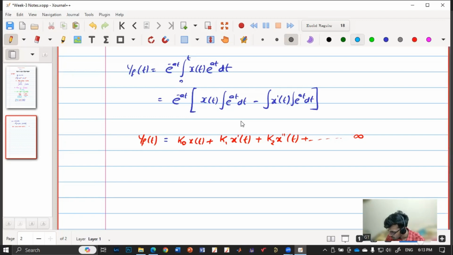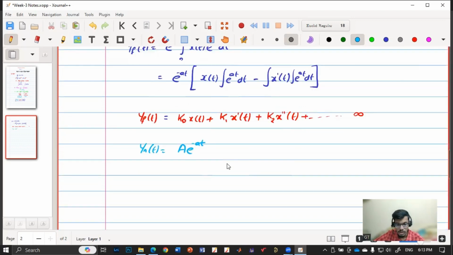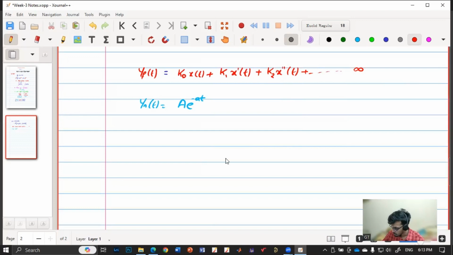Now coming back to my natural response, yn of t is some constant a into e to the power minus at. So now, if we go back to the question, dy by dt plus ay is equal to x of t. I'll directly write the solution.